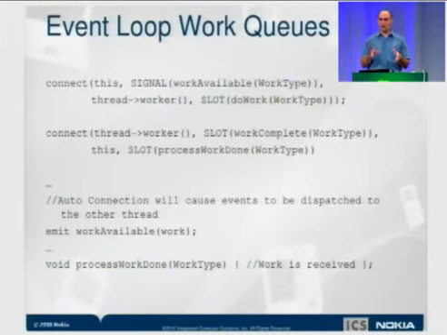Likewise, we connect to the worker's signal, workComplete, and hook that up to our slot for doneProcessing. This is because we cannot rely on connecting signals and slots to the QThread instance itself. It also makes it really easy to dispatch work and to get work back. To dispatch work, all you need to do is emit workAvailable whenever it's appropriate. Likewise, all you need to do to get the work back is to implement a slot.